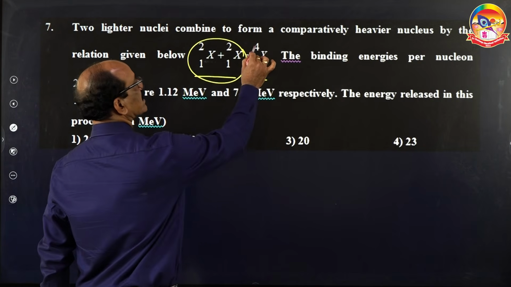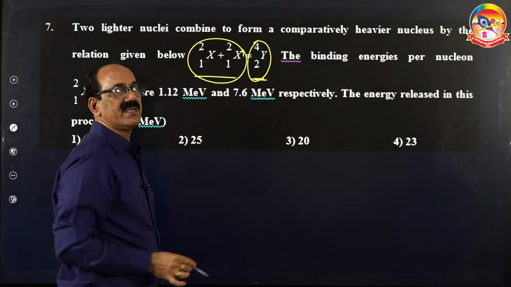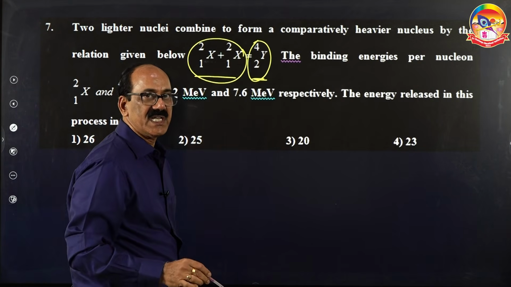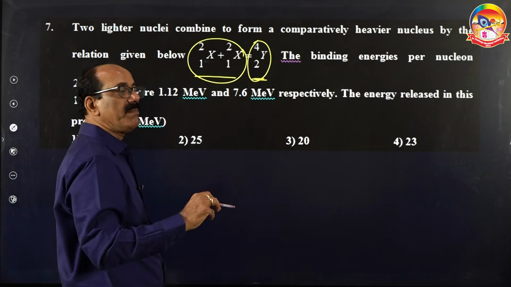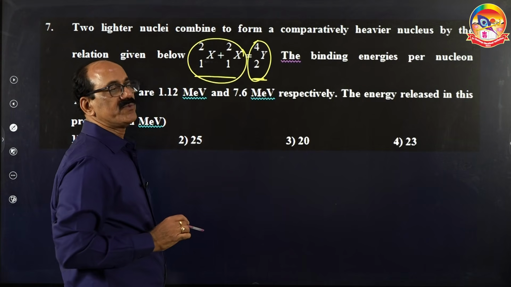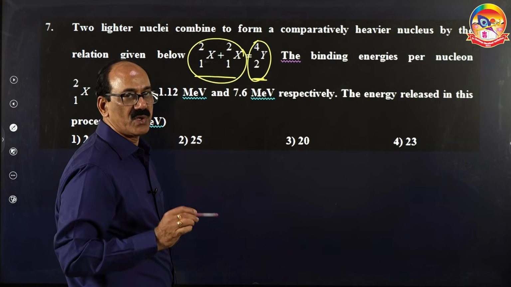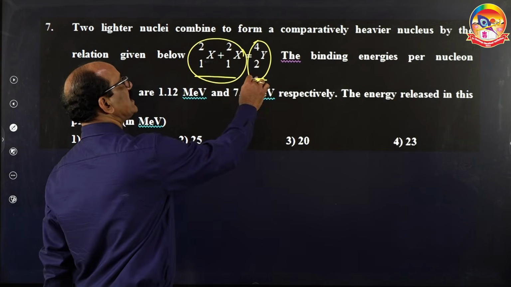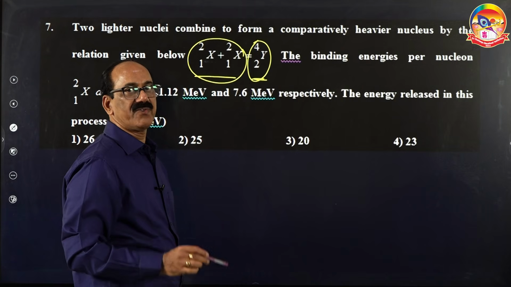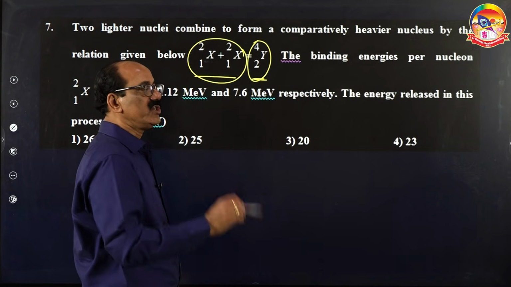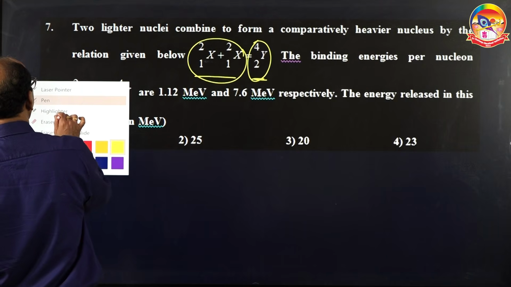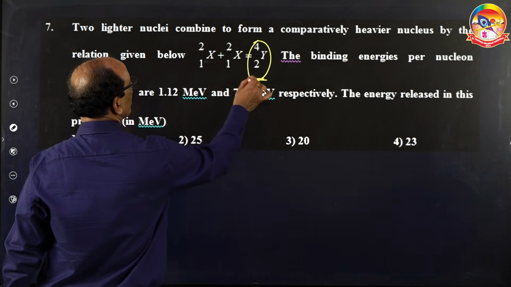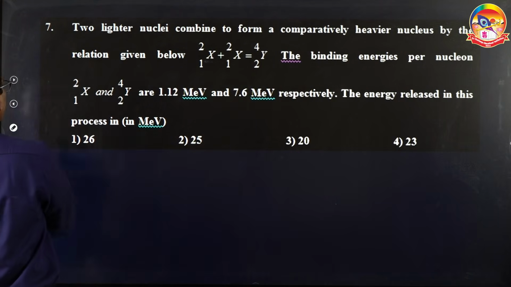And in case of products, a nucleus is formed. In the formation of the nucleus, the total binding energy is the energy released. We have to compare the total energy absorbed for breaking the nuclei into nucleons and the energy released in the formation of the nucleus from its constituent nucleons. If you check both of these, then we will understand whether energy is absorbed or released in a given nuclear reaction.